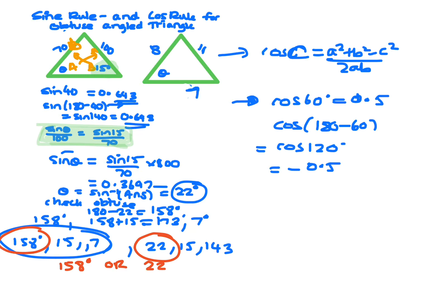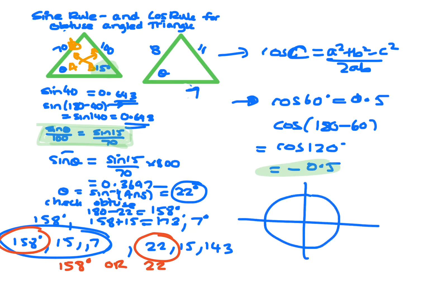Now, the reason you get a negative is because these ratios are based on the unit circle and the amount of turning. This is 0 degrees here, 90, 180. And if you turn around to an obtuse angle, an acute angle being in quadrant 1, that's your angle theta in there.